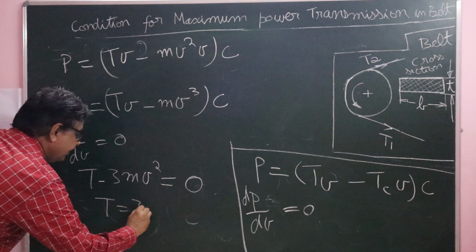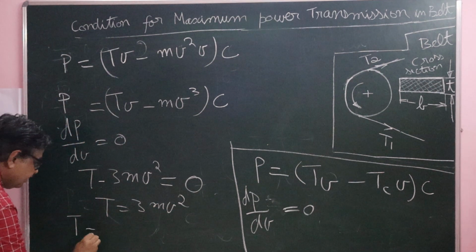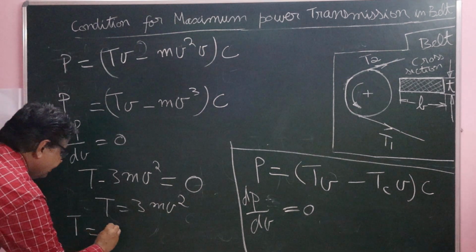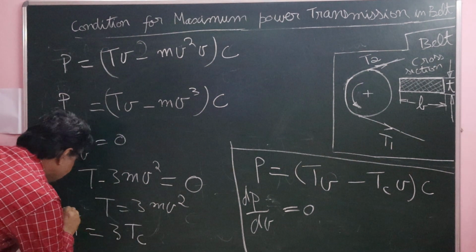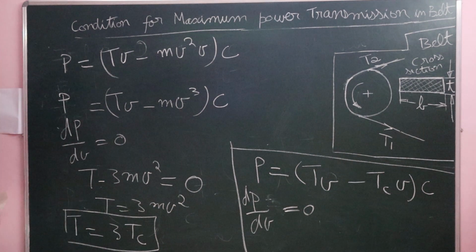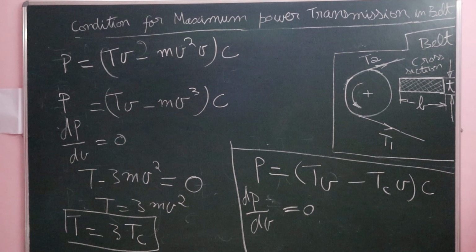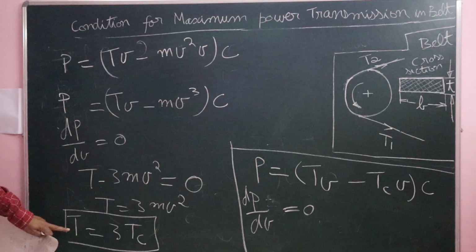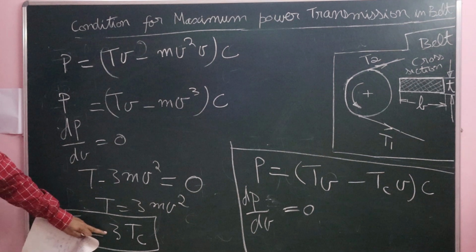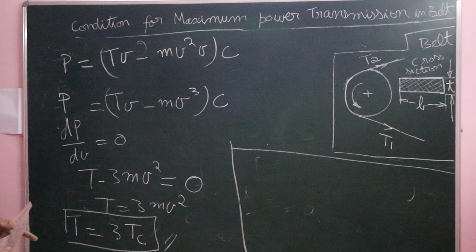Therefore T is equal to 3 m v square. Here m v square is the centrifugal tension, so T is equal to 3 Tc. Therefore, maximum tension T is equal to 3 times the centrifugal tension. This is the condition for maximum power transmission.